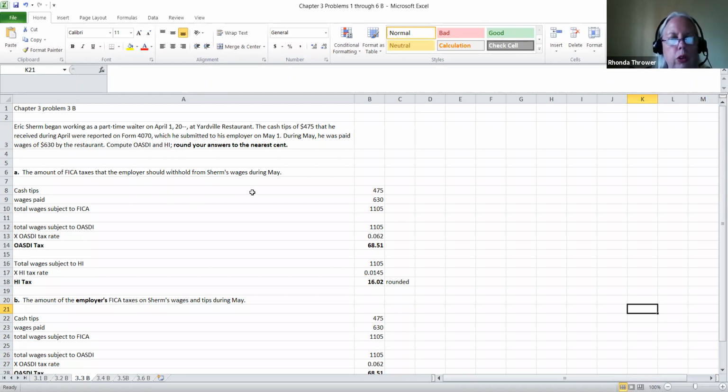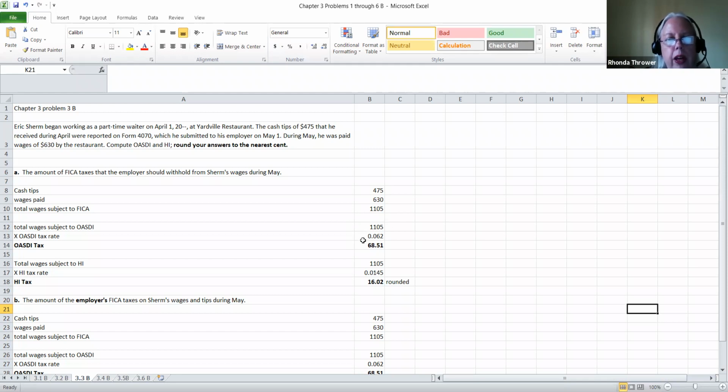So what you're going to do is take the cash tips that he earned, which he submitted to his employer on May 1st. So this is during May. And then he was also paid $630. So the total amount he was paid was $1,105. And those are the amount of wages that are subject to the OASDI.